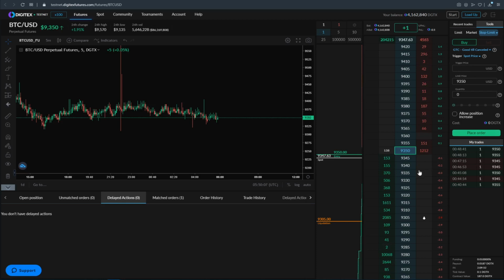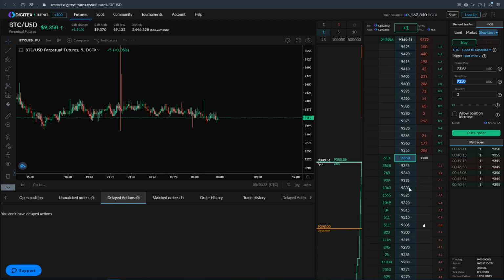What I'll do is set a trigger price down below. Let's say at 93.30 I want my stop loss triggered, so I'll put 93.30 here. And then the next price here is where I actually want my limit order placed.